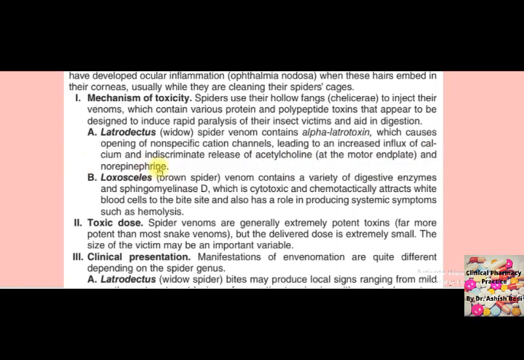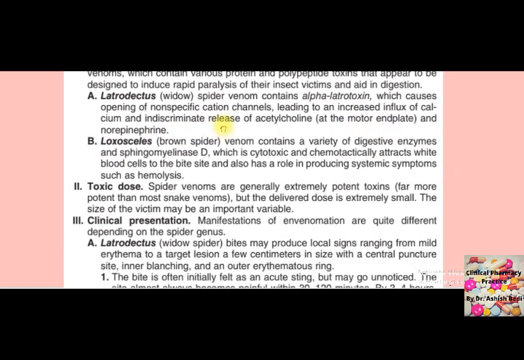It's very toxic, meaning it can open the cation channels of any part of the body, leading to increased calcium influx and release of acetylcholine at the motor end plate as well as norepinephrine.